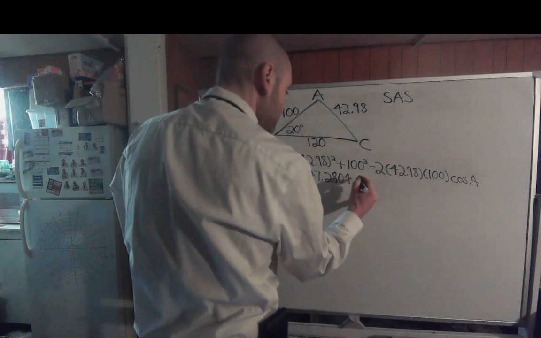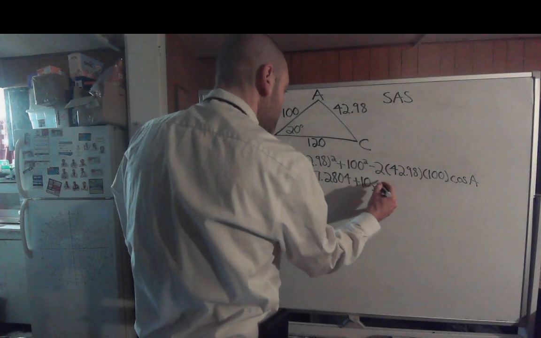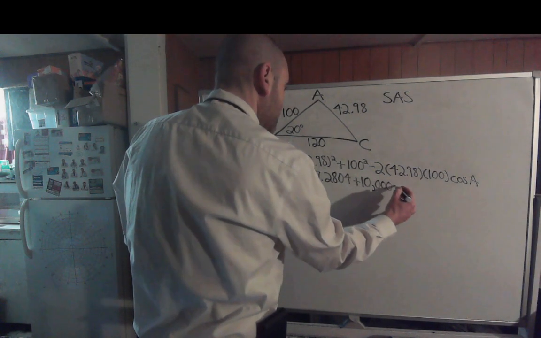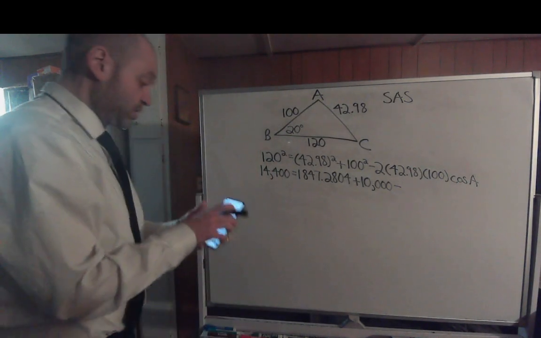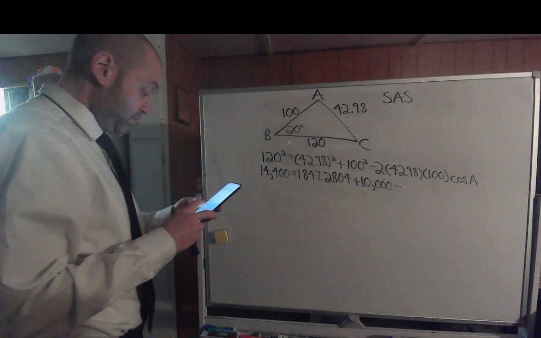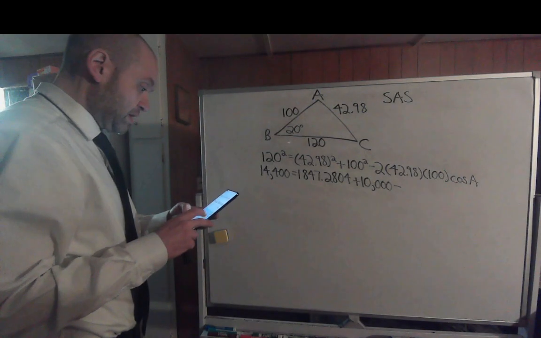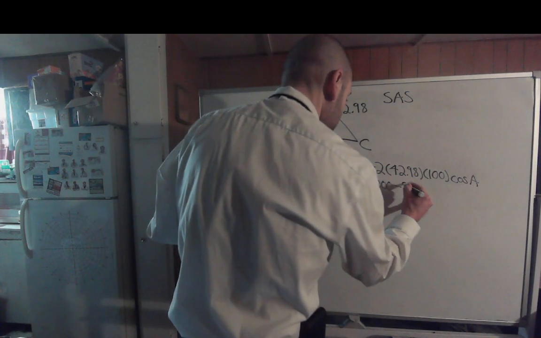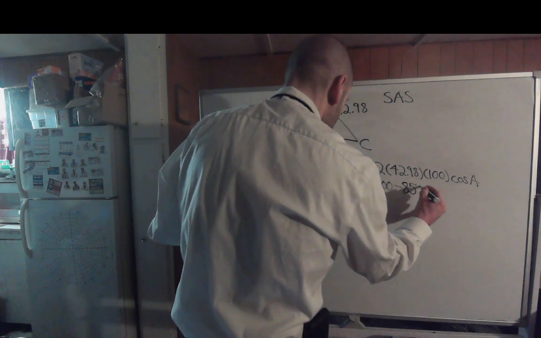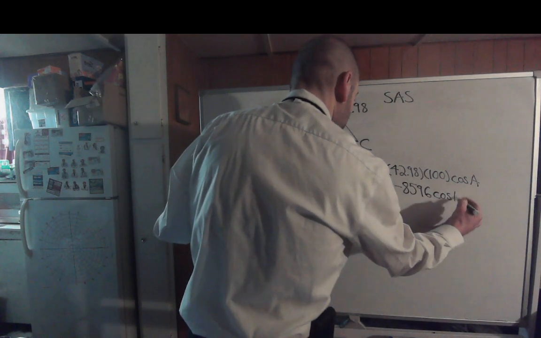Then we have that 100 squared, which would be plus another 10,000. Then we have to figure out that 2 times 42.98 times 100, which would give you 8,596, so minus 8,596 times the cosine of A.